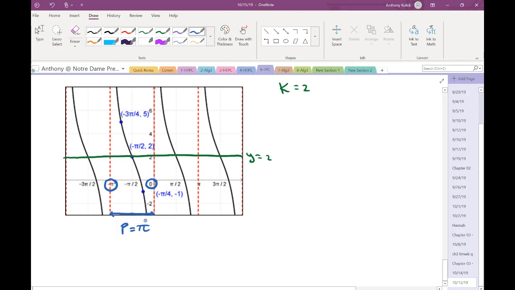Just pi. Right? Negative pi to 0 is pi units long. You guys agree with that? And since I know the period is equal to pi over the absolute value of c, what's the absolute value of c have to be? Just 1. We good with that?